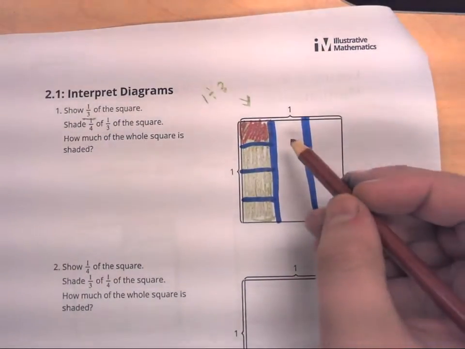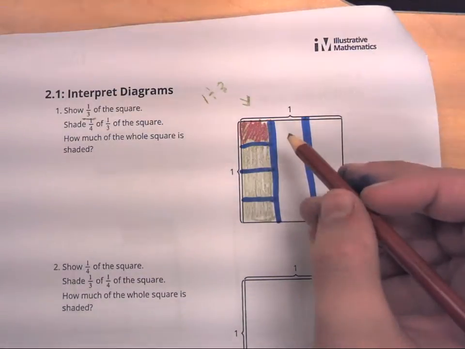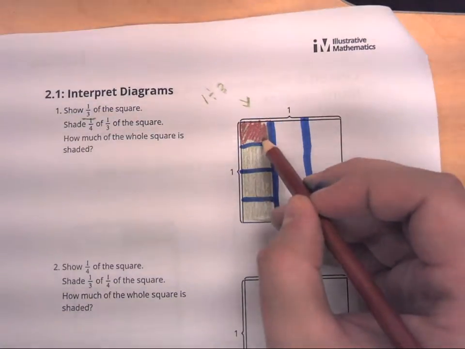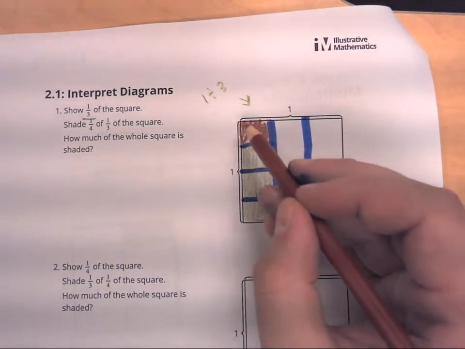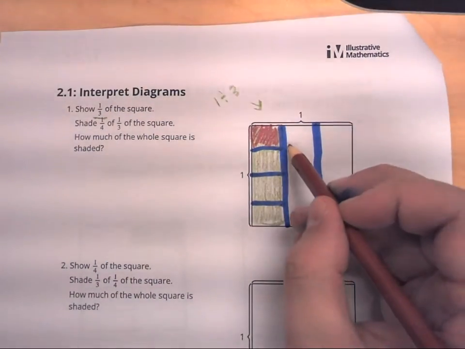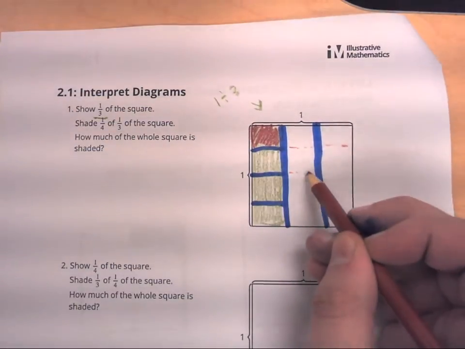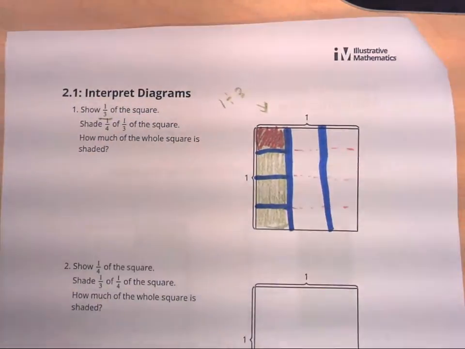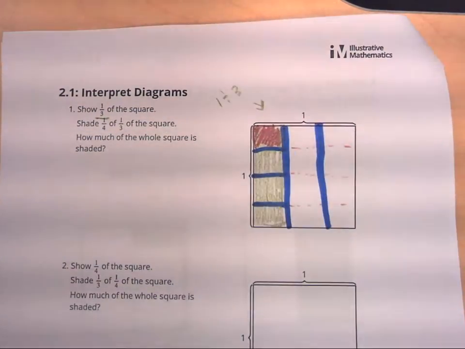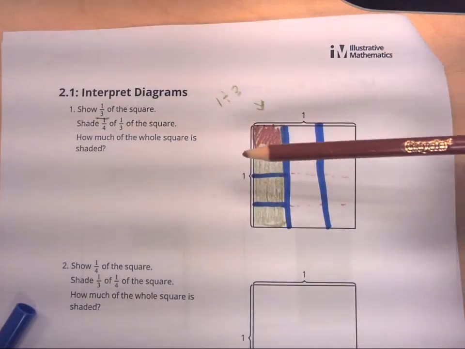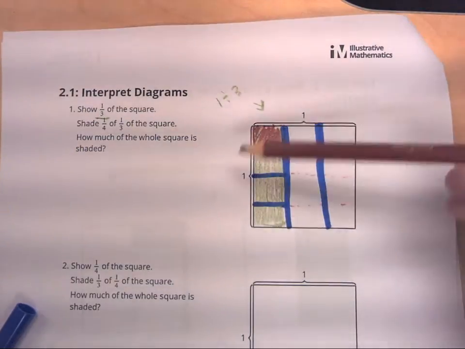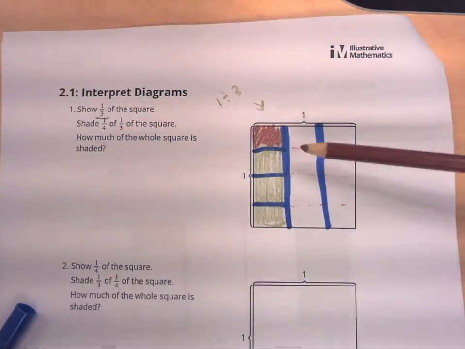So students have had some experiences the last couple of days that have helped them to pretty quickly see that it would take 12 of these equally sized pieces that's represented here to make up the entire square. And by extending these partitioning lines across our original 3 partitions here, we can see for ourselves that there are 1, 2, 3 by 1, 2, 3, 4, or 12 equally sized pieces.